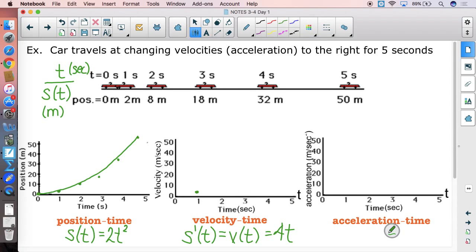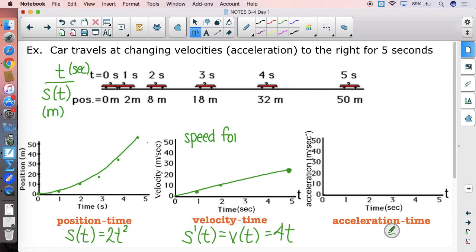So we have this nice 4: when 2 goes in we get 8, when 3 goes in we get 12, when 5 goes in we get 20. Basically the speed is increasing. So as we look, this is telling us that the speed forward is increasing steadily, in fact exactly steadily.